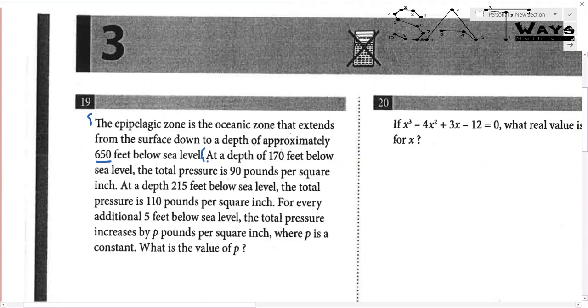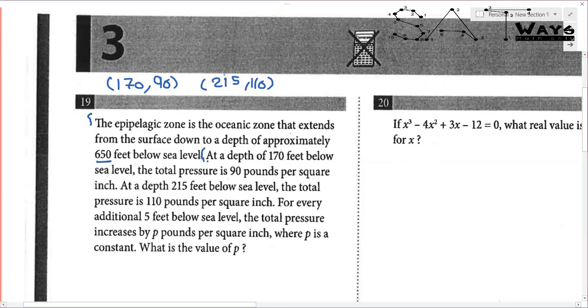So we have X and Y: 170, pressure, which is the Y, is 90. At a depth of 215 below the sea level, the total pressure is 110. 215 feet, pressure is 110. And he wants for every additional 5 feet below the sea level, what happens? It increases by P, so what happens?